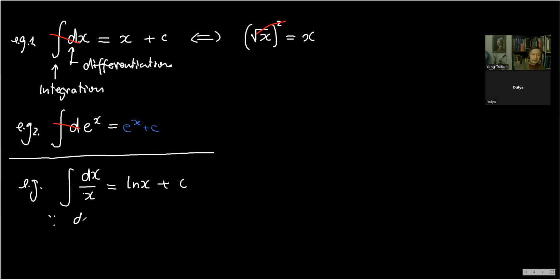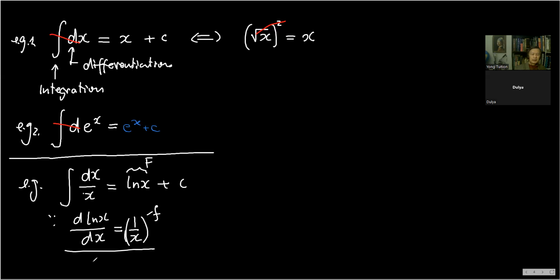Because the first derivative of this formula, the natural log function, is exactly equal to 1 over x. So if I denote this as capital F(x), and this as small f(x), they also satisfy this condition.